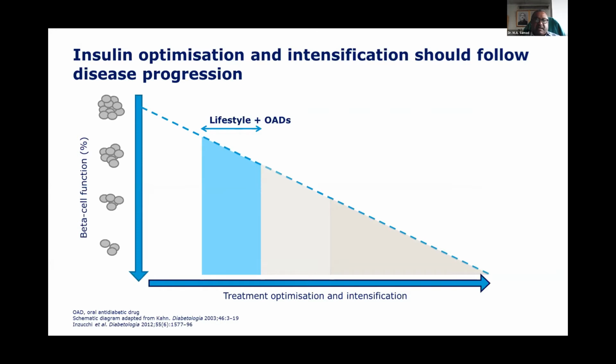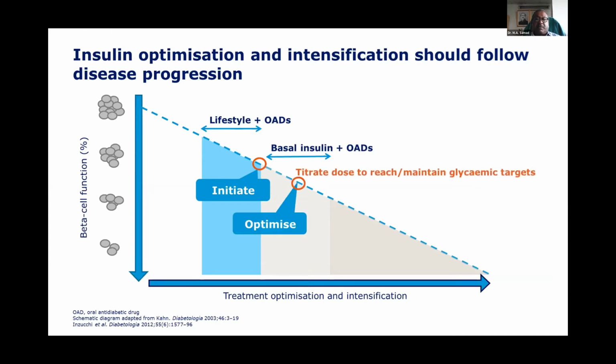As beta cell mass declines whenever there is diabetes, we have to start with lifestyle modification and oral anti-diabetic agents. After that, as time goes on, we have to add the basal insulin with oral antidiabetic agents, then optimize it. That means titrate the dose, reach or maintain the glycemic targets.